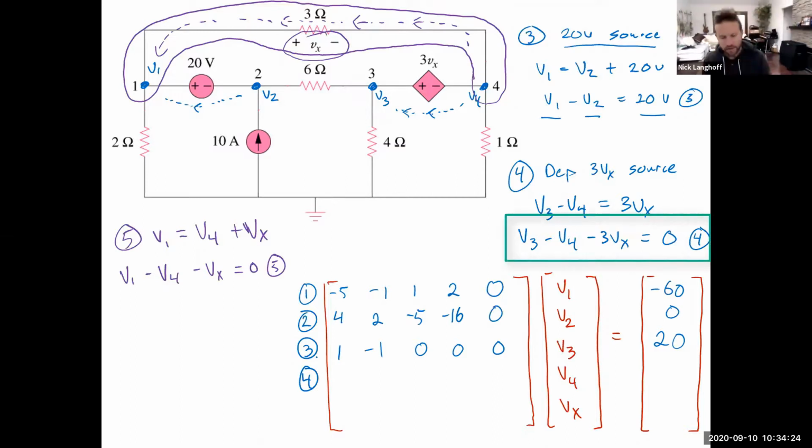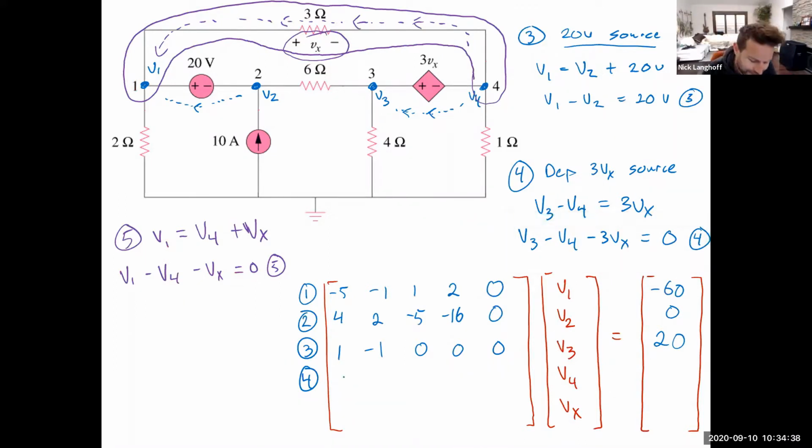Okay, let's do equation 4. Equation 4 is the dependent source. We had V3 minus V4 minus 3Vx. So that's nothing of V1, nothing of V2. We have a V3, a 1 there, a minus V4, so a negative 1 there, and a minus 3Vx right there, and all of that is equal to 0.